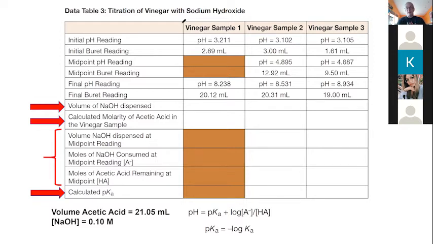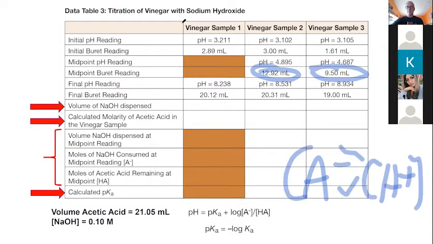Calculate the concentration of the acetic acid in the sample. That one's also pretty straightforward because when you figure out the moles of NaOH, you're going to know the moles of acid were. Figure out what the concentration is. And then it also gives you what it was at the midpoint. So remember I said that's like the half titration mark. At the half titration mark, the concentrations of A minus (acetate) and HA are the same.